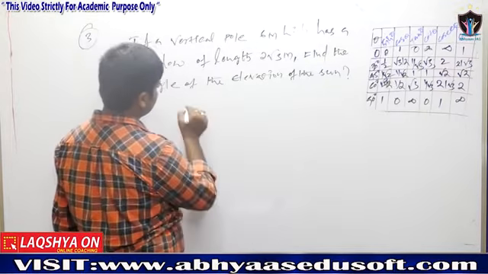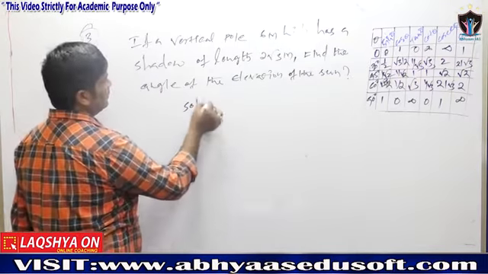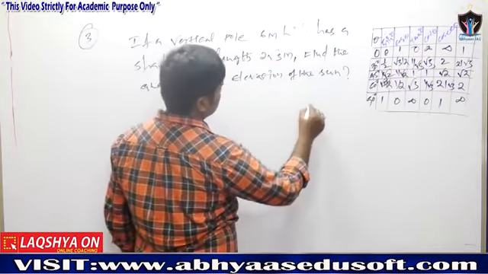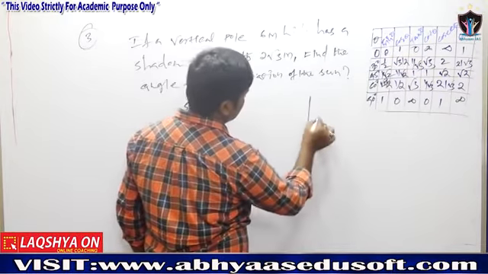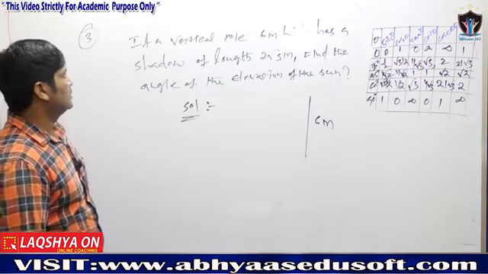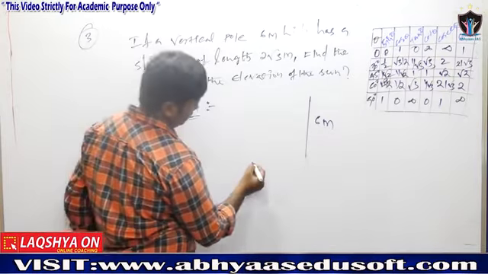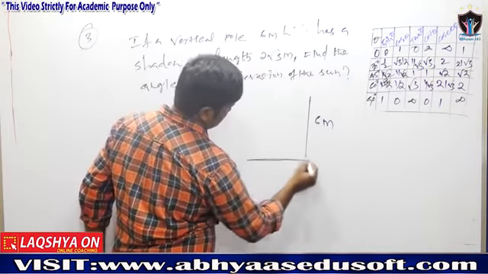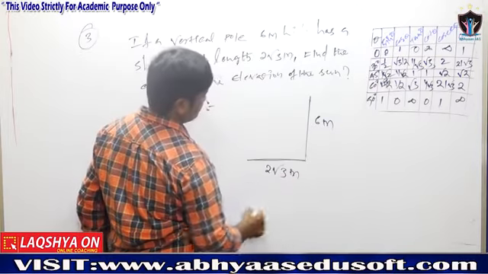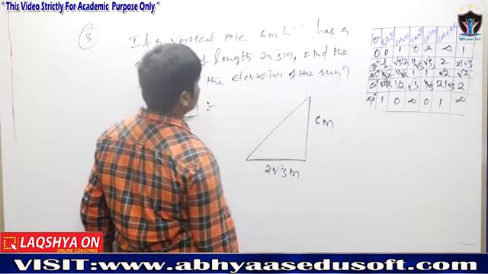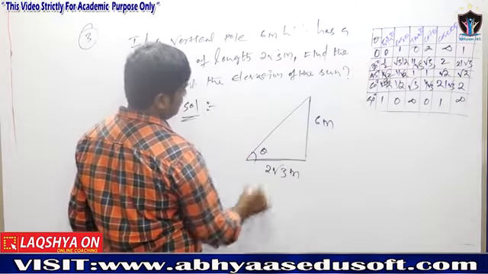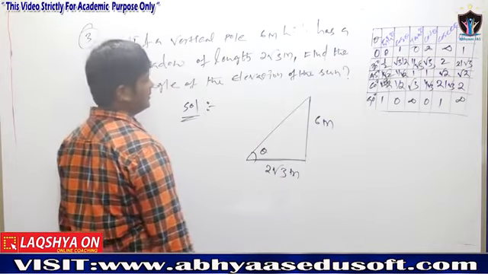So here we can take this question also. The vertical pole will be 6 meters height and the shadow length is 2 root 3 meters. Then simply we have to find the angle of elevation, theta.